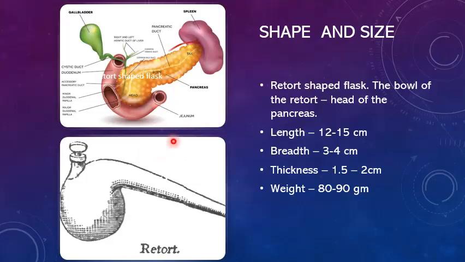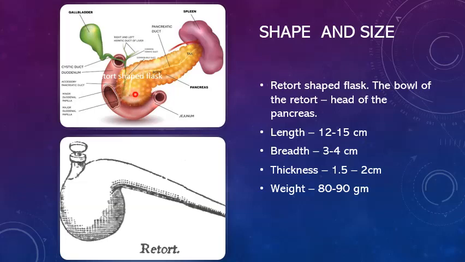In this slide we can see the shape and size of the pancreas. The pancreas resembles a retort shaped flask. In this retort shape we have a bulge, and in the pancreas that rounded area is represented by the head.